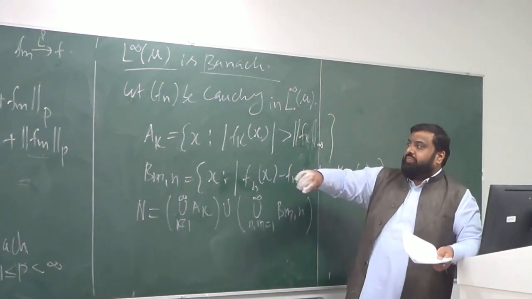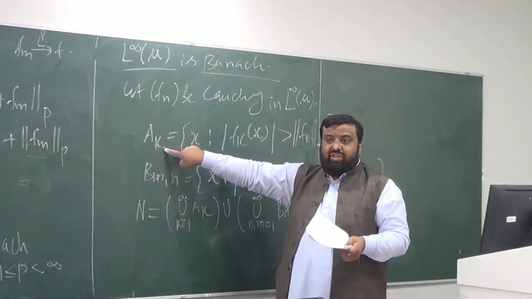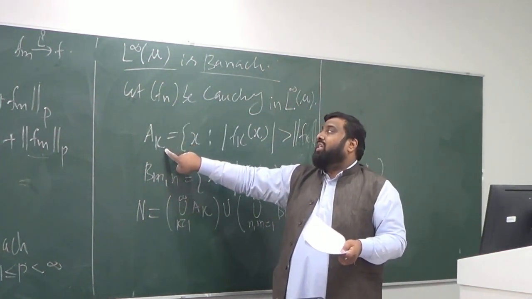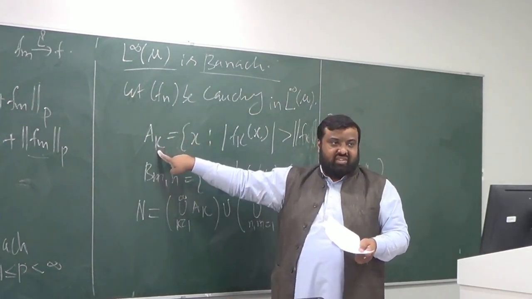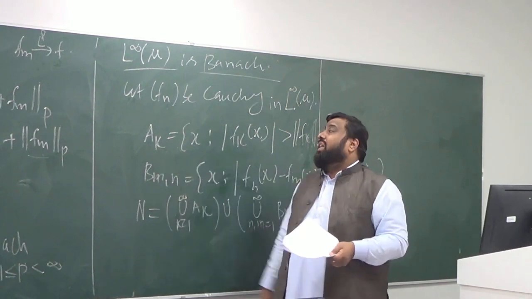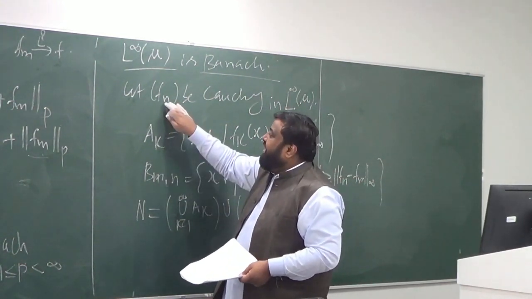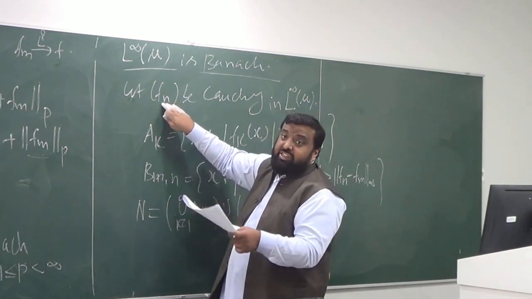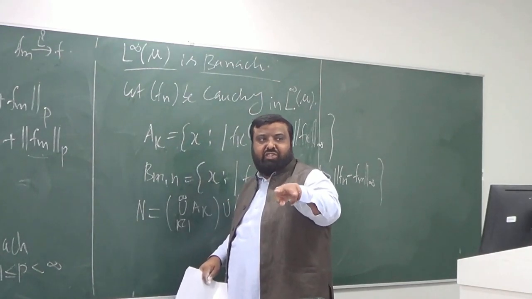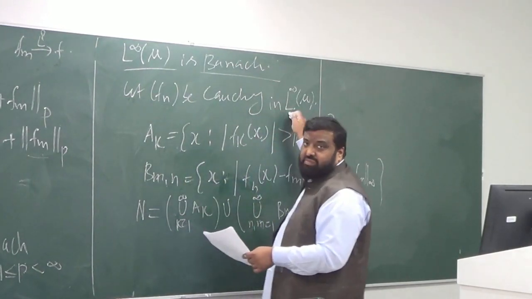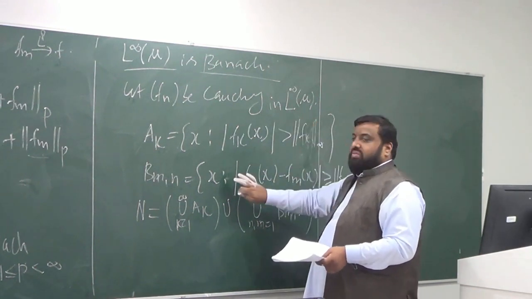By the way, let me tell you again, for each n you're going to have an A_n here, so as many functions as you have, as many A_k's you have here. And how many B_mn are we going to have? From this infinite sequence, take any two and consider their difference. The difference obviously belongs to L infinity. So these make sense.